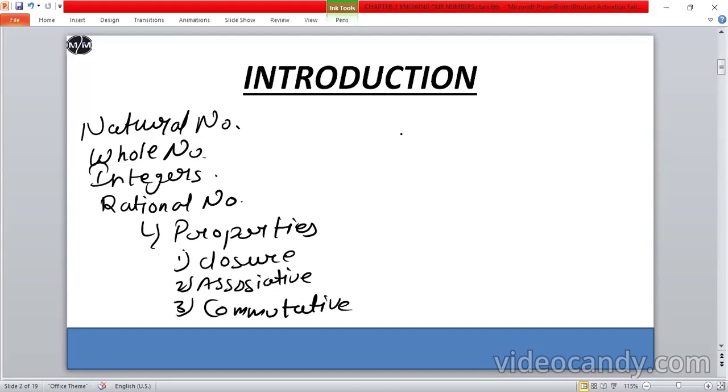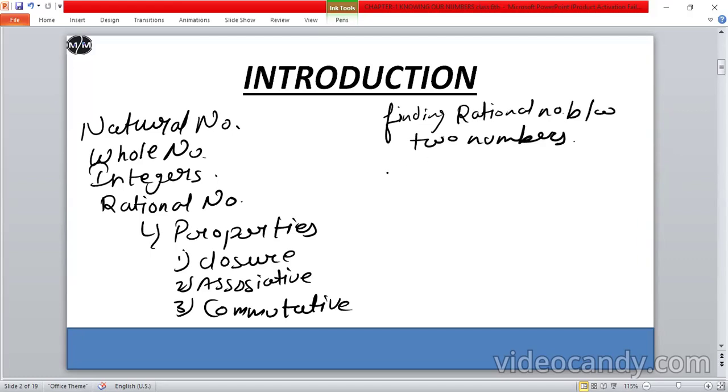And then we'll do next, finding a rational number between two numbers.